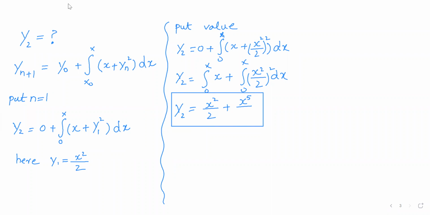The integral of x4 by 4 dx will be equal to x4 plus 1 into 4 and integral 1 by 4.